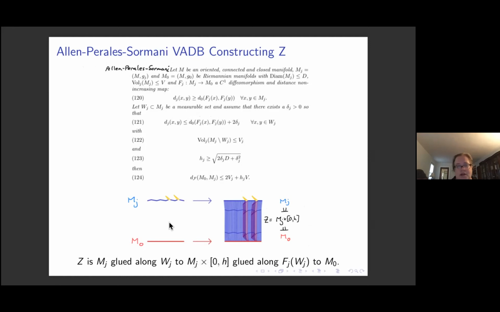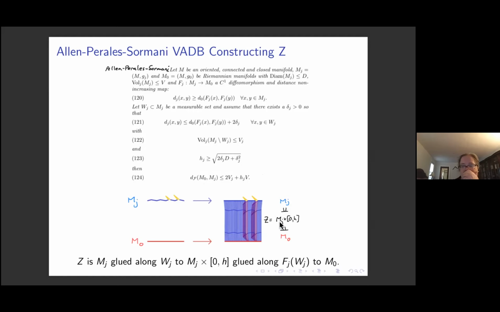Okay, so this is the justification for this statement we have here. Once we can manage this, we prove that this is distance preserving, then our flat distance from M0 to MJ is going to be, our B that we're going to fill it in with will be this vertical part.